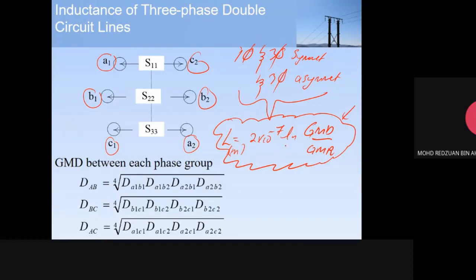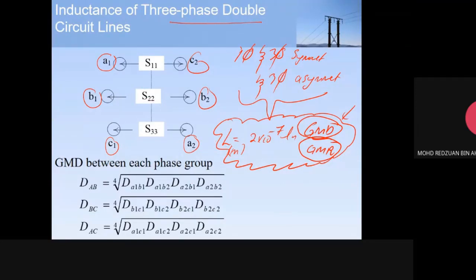Actually, this general equation can also be used for a three-phase double circuit transmission line. The difference is only what the GMD is for this three-phase double circuit transmission line, and what the GMR is. Using the same equation, you can calculate L for a three-phase double circuit line.